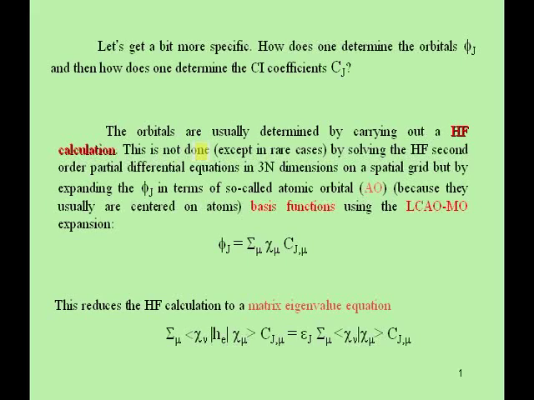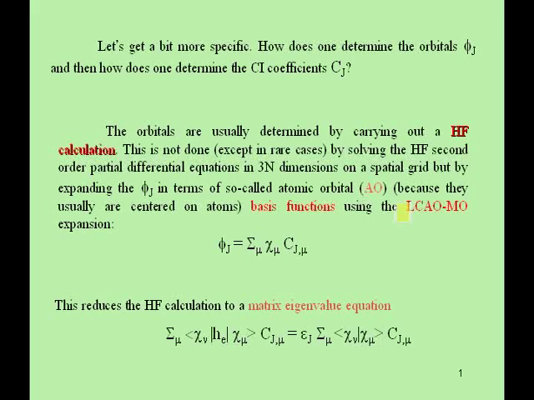What's most commonly done is to expand the molecular orbitals. Here I represent phi j as the MO, molecular orbital. Usually it's expanded as a linear combination of atomic orbitals with coefficients called LCAO-MO coefficients, times what are called atomic orbitals, or really basis functions. So this is some of what we have to talk about today.